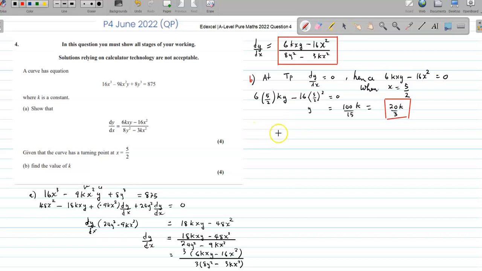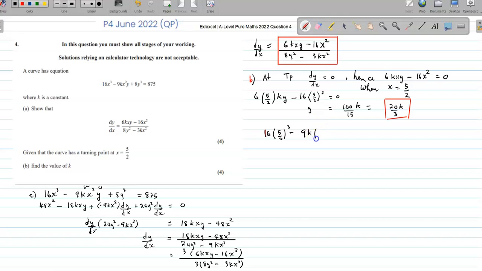So here we would have then 16 times x, which is 5/2, 16x cubed, minus 9k. We want to find k.